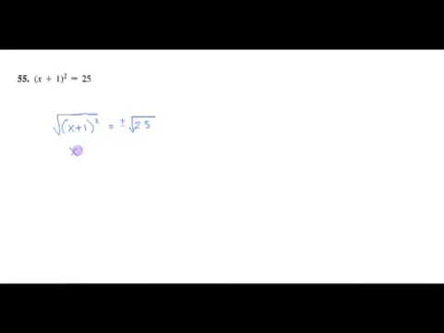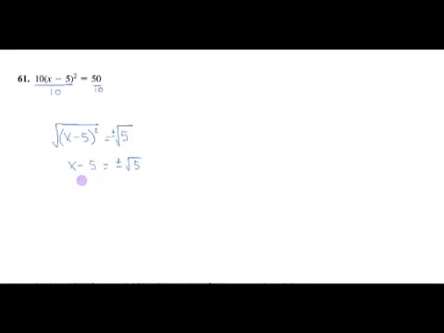And this gives me an x plus 1 on the left and a plus or minus 5 on the right. So we have x is negative 1 plus or minus 5. So here I know that I have a negative 1 plus 5, which is 4, or a negative 1 minus 5, which is negative 6.